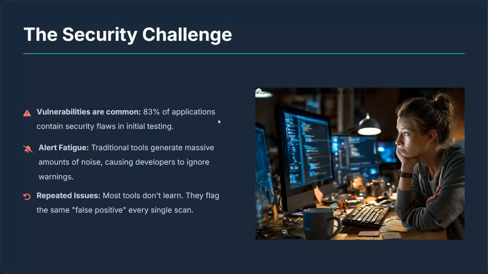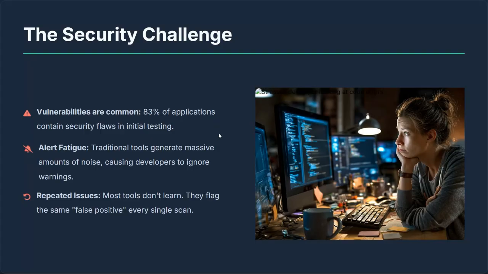What is the main problem that we are trying to solve? Vulnerabilities have now become common in the code that is generated for large enterprise applications, and statistics like 83% of applications contain security flaws in the initial testing phase, and a lot of them slip through to production, are real and picked up from company reports like Veracode.